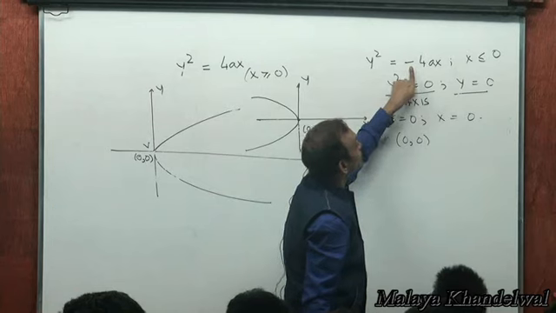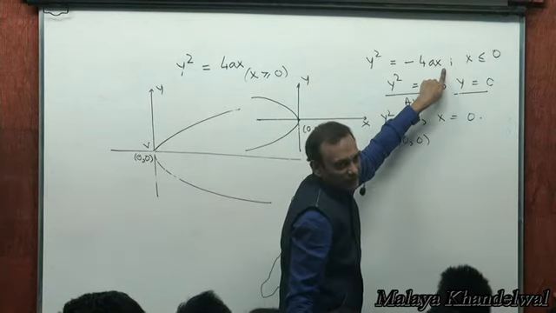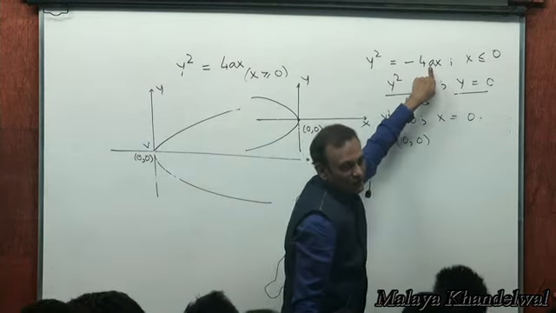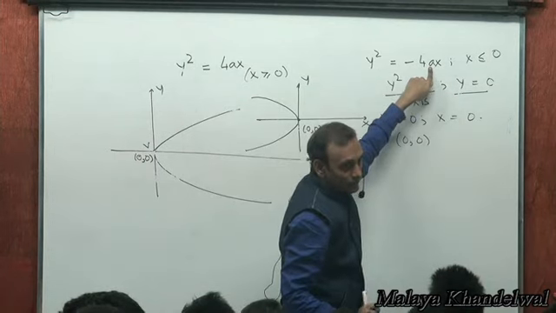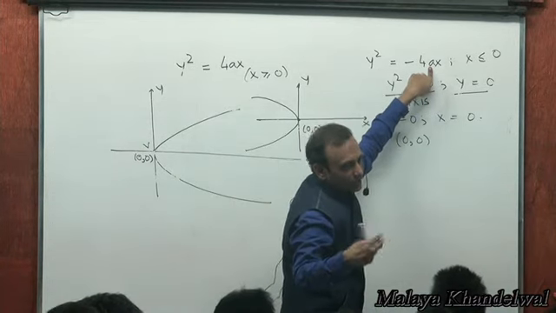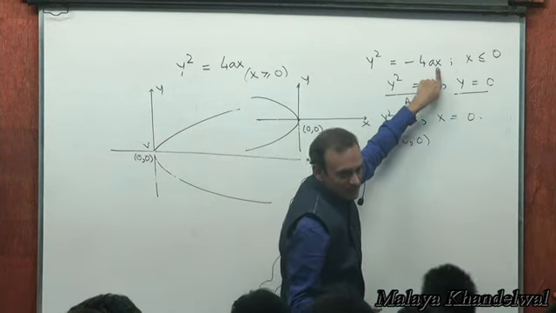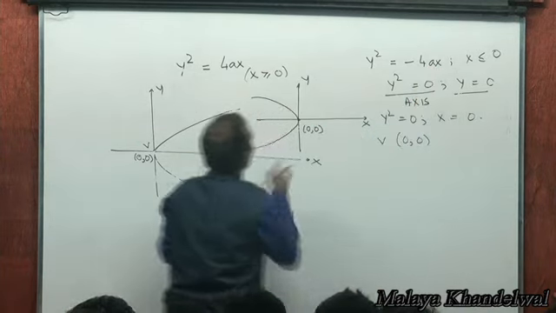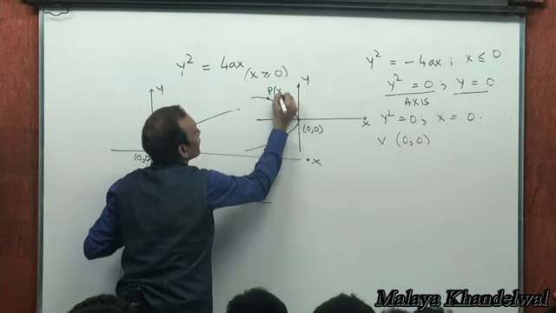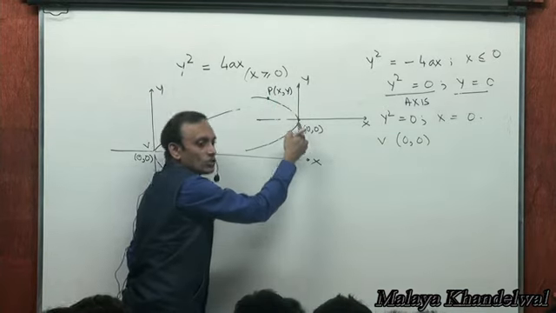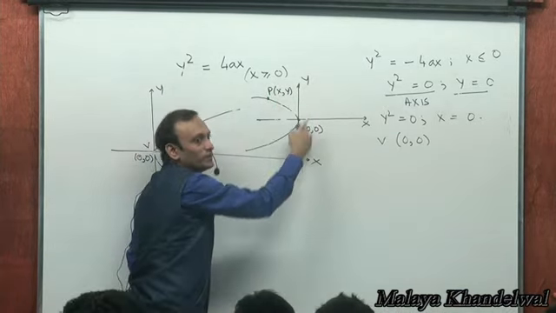Why? Because if x was greater than 0, this will become a negative number. Y squared equal to negative will not give me real values of y, but any point x y on the parabola would have real values of y, right? When can that happen? Only if x is less than or equal to 0. That means any point on the parabola would have negative values of x only. Therefore it has to open this way.